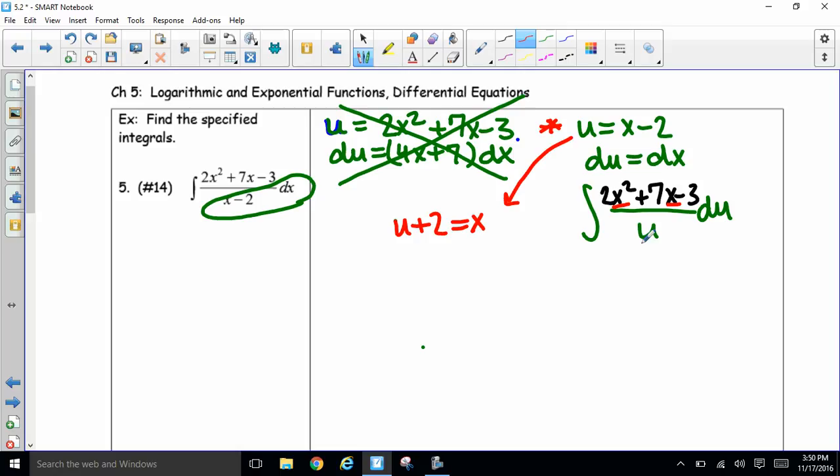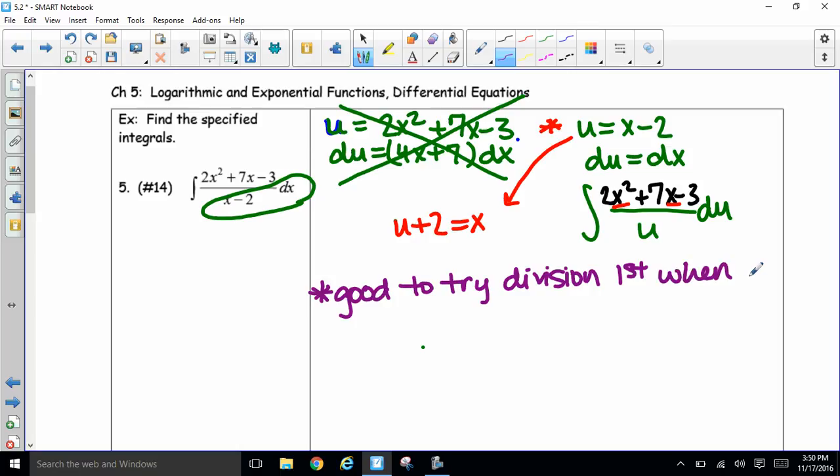So what I want to draw your attention to is that it's a good idea to try division first when your exponent is bigger on top, because you basically have an improper fraction.